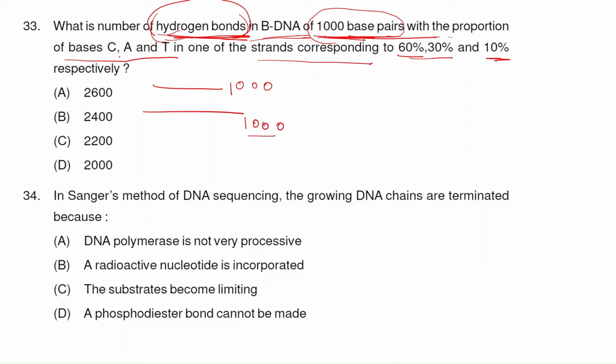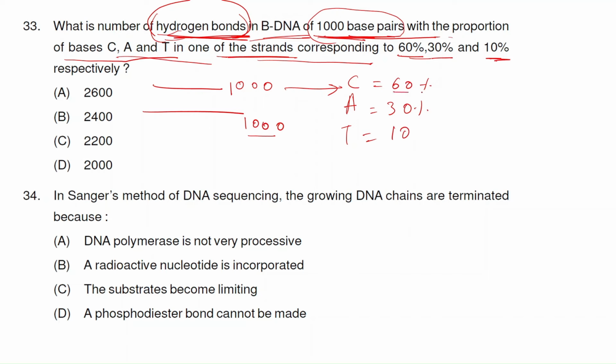It is given that in one of the strands, cytosine bases are 60%, adenine bases are 30%, and thymine bases are again 10%.